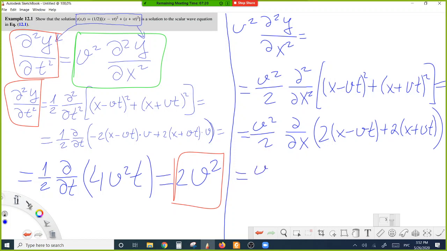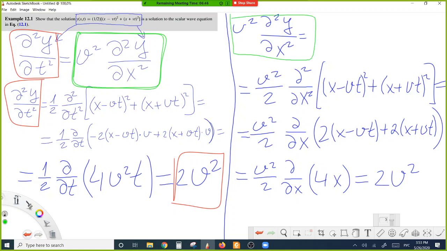There remains 2x plus 2x, 4x. If we take the derivative of 4x with respect to x, we get 4. 4v squared over 2 is 2v squared. Now we computed the right hand side of the equation, which is equal to 2v squared.